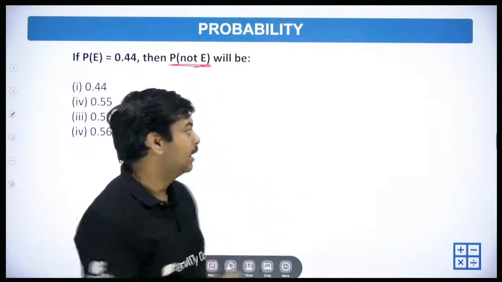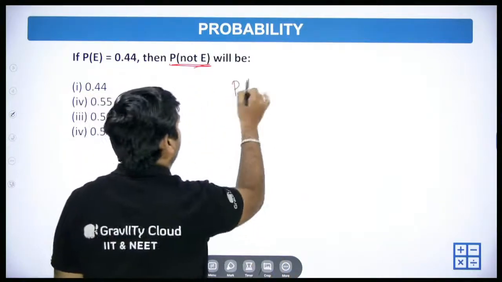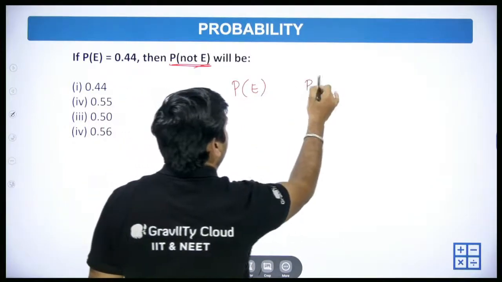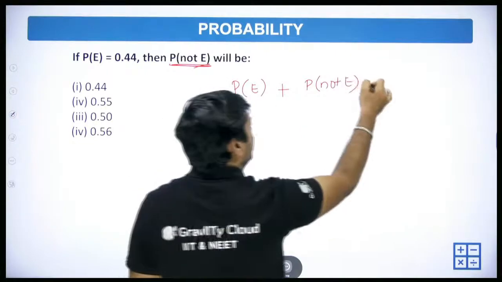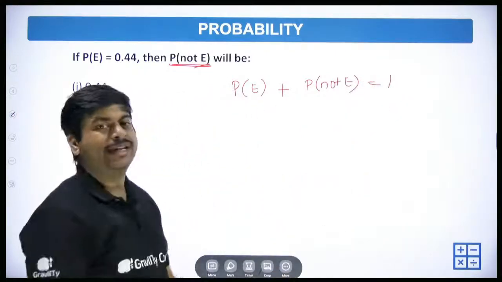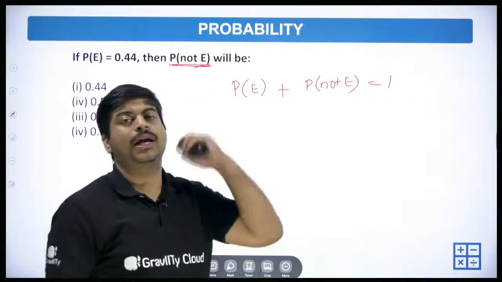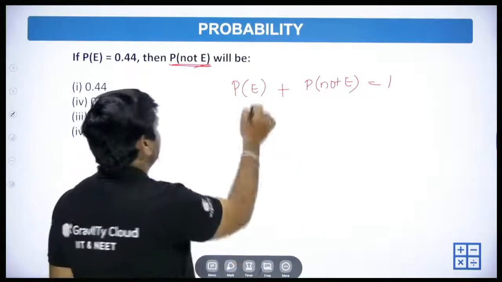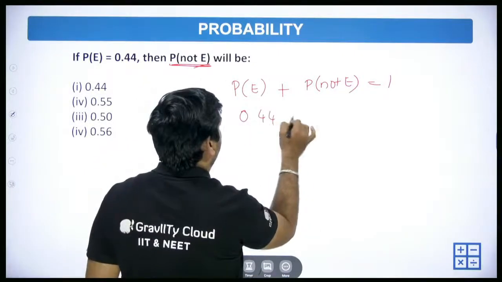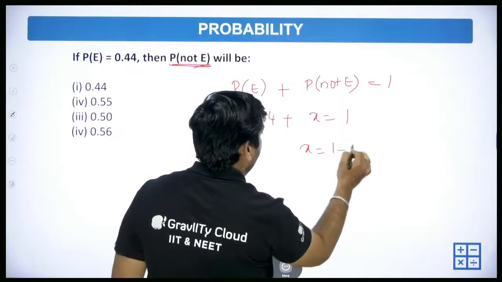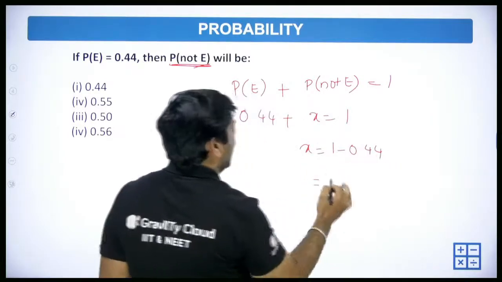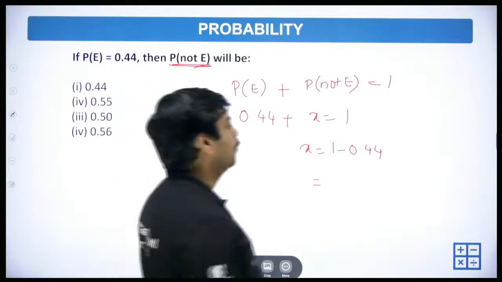Always try to remember that the probability of E and the probability of not E will add up to give you 1. So it is 0.44, and let's say some x is equal to 1, so x is equal to 1 minus 0.44.